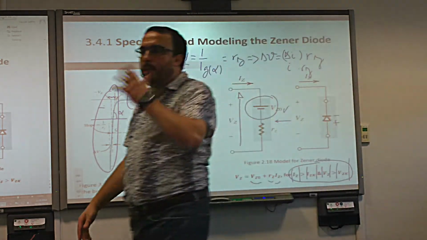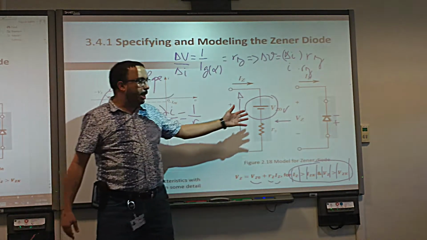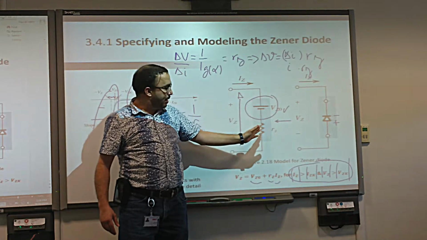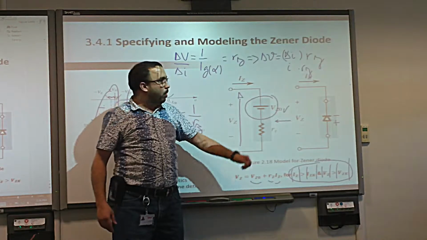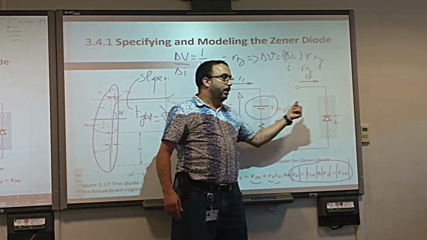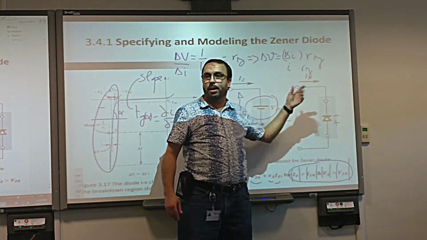Good? So, in summary, the diode in the breakdown is like a battery in series with the resistor RZ. Where the high voltage of the battery is on the cathode, and the low voltage of the battery is on the anode, because it's reverse biased.